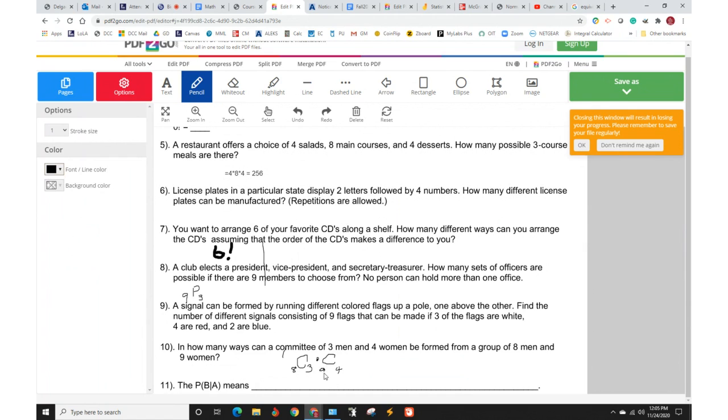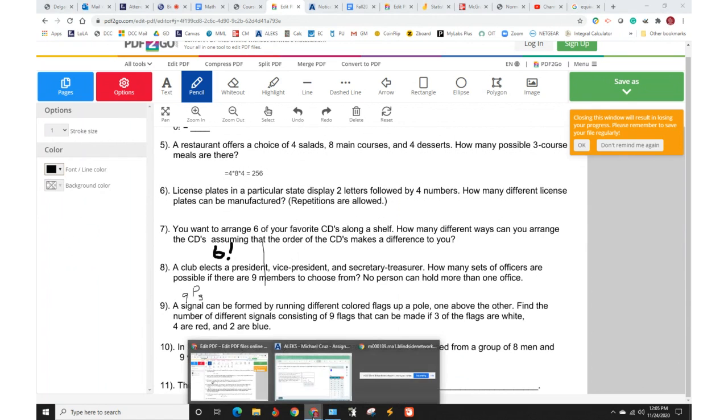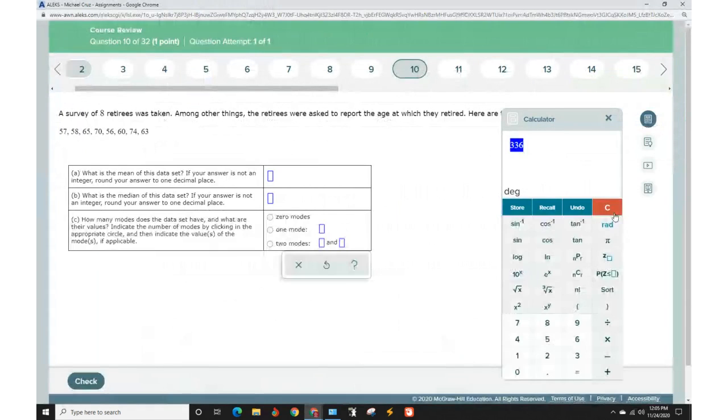And you can have the calculator do that for you. So 7,056.